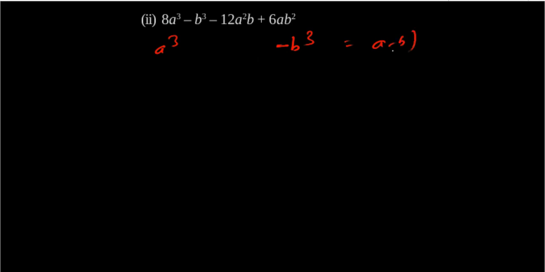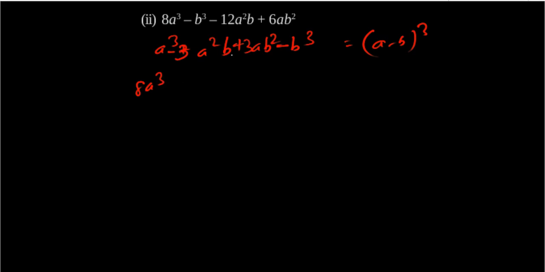A minus b the whole cube is nothing but a cube minus b cube plus alternate signs, we have to take positive and negative. So, minus 3a square b plus 3a b square. Here, according to our given format, in place of a cube, we have 8a cube.